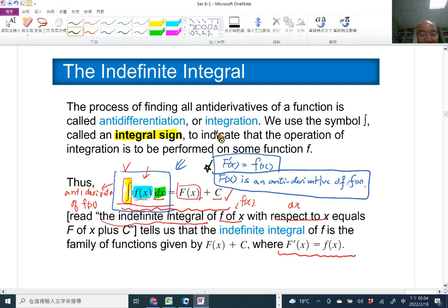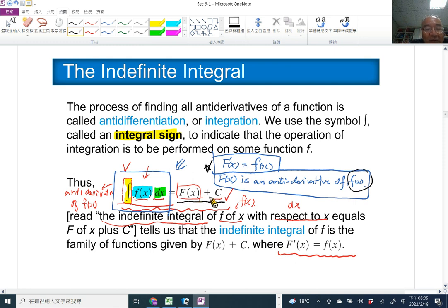So capital F of x plus c will be the form for all possible antiderivatives for little f of x, since we treat one of the antiderivatives we found as the core and plus c to represent all other possible antiderivatives.